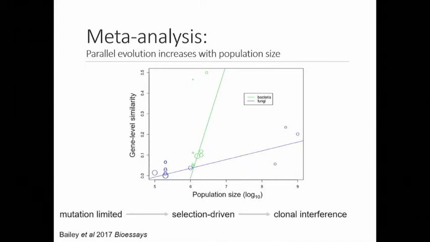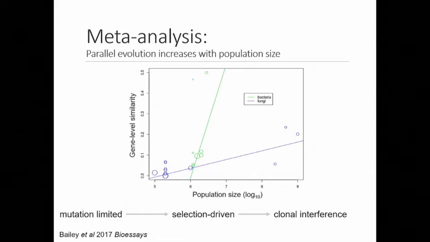And this jives with a lot of things that people have thought about in terms of how population size might drive repeatability of evolution. These are quite large population sizes, so we're probably not really in a mutation-limited environment across these particular studies.